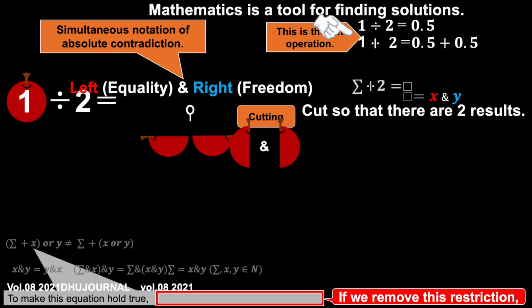This allows us to move from X or Y to X and Y. Using this new notation, we can simultaneously describe two opposing and irreconcilable concepts, like left and right, or equality and freedom. This is the absolute contradictory self-identity.